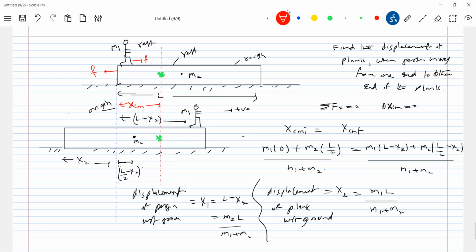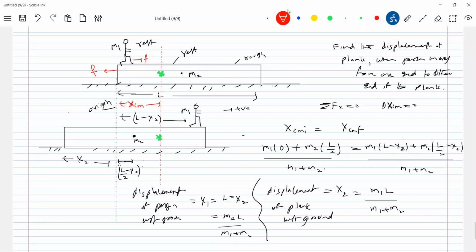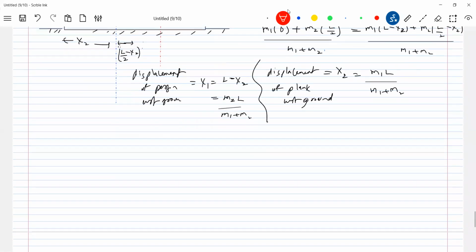Means, sir, every time we have to draw a diagram, every time we have to write equation, you can avoid this. You can directly take up a formula and you can manage the things. So what is the another approach? We know XCM equal to M1x1 plus M2x2 by M1 plus M2.